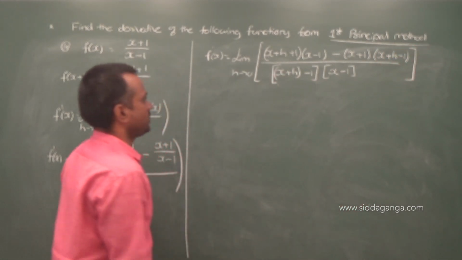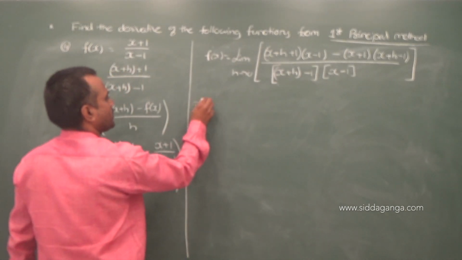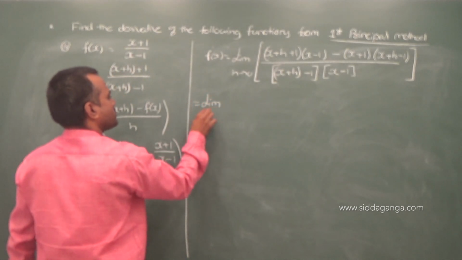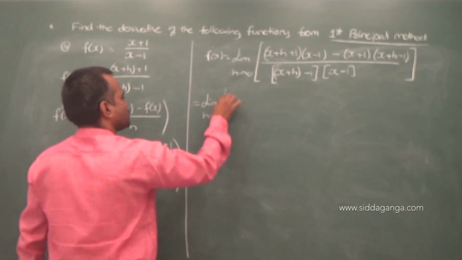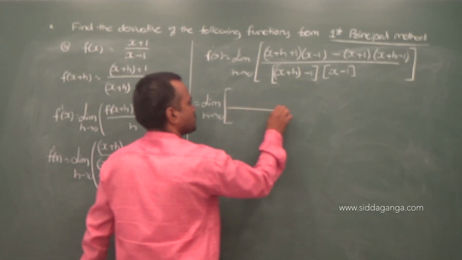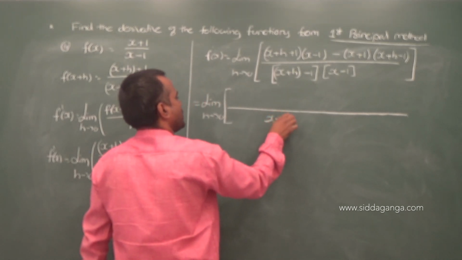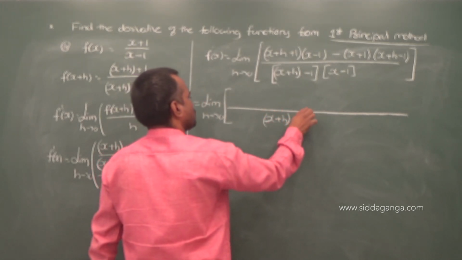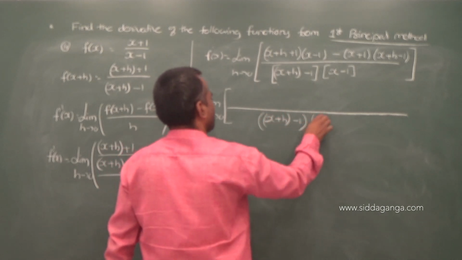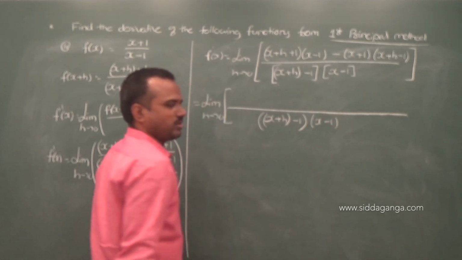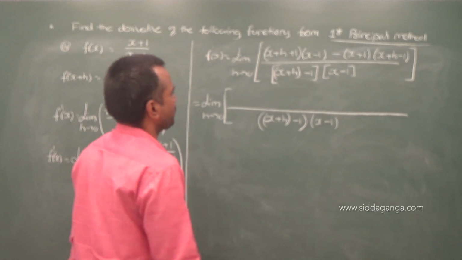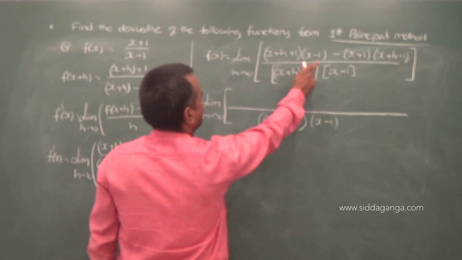That is equal to limit h tends to 0, with the denominator (x plus h minus 1)(x minus 1) as it is, no problem.